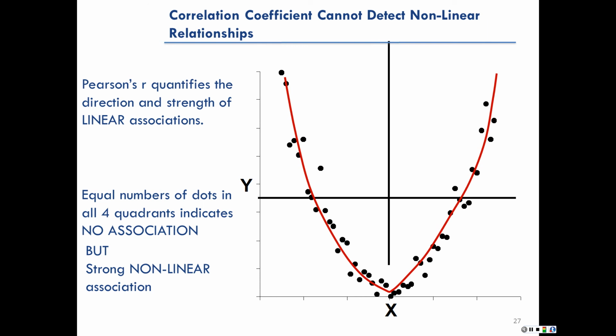So this is an example of a nonlinear relationship, and the type of relationship that Pearson's r, our correlation coefficient, is unable to detect. And so this is why we can only use this correlation coefficient to describe linear relationships.